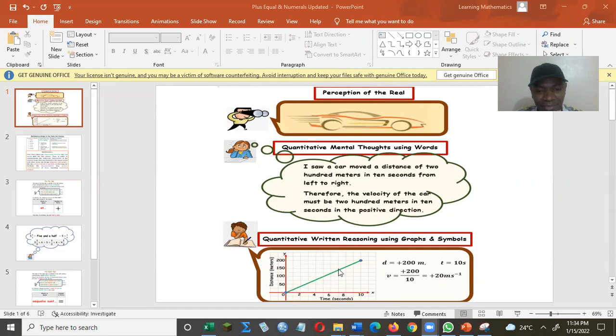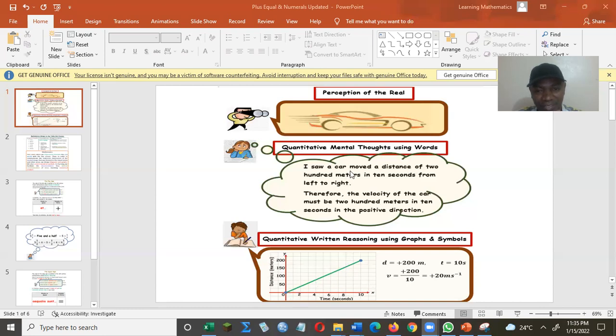Bear in mind the line that you see will indicate how the distance is varying. So the x-axis always increases from left to right. The values on the x-axis increase from left to right, but the y values will be depicted by the line on the graph. So this line is telling you that the y values are increasing from 0 to 50, 50 to 100, 150 to 200 meters in 10 seconds.